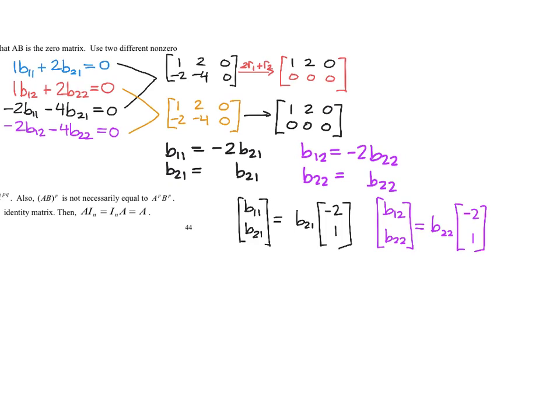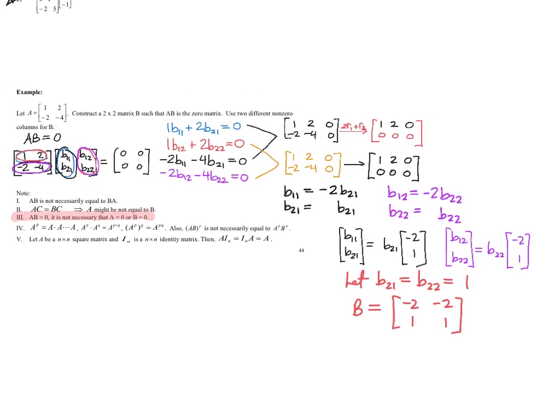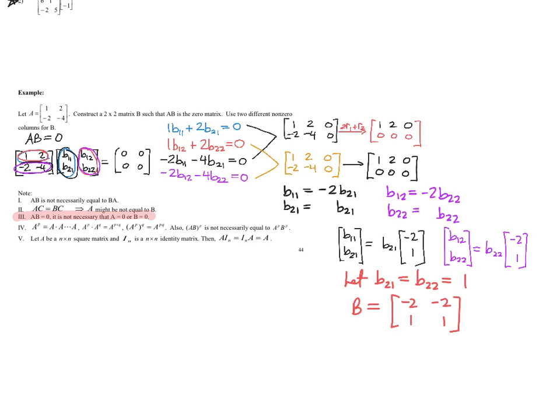All right, so B sub 2, 1, if I define it as 1, so let B sub 2, 1 equal B sub 2, because I could let it be equal to anything. I'll just let it equal 1, keep it simple. Then B would be equal to negative 2, 1, negative 2, 1. But any scalar of that would do the job also.